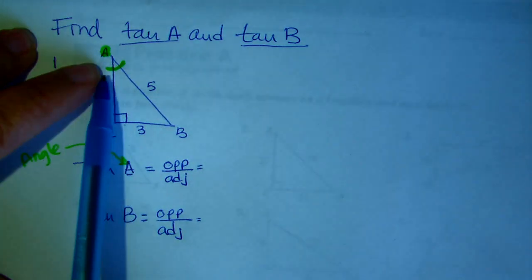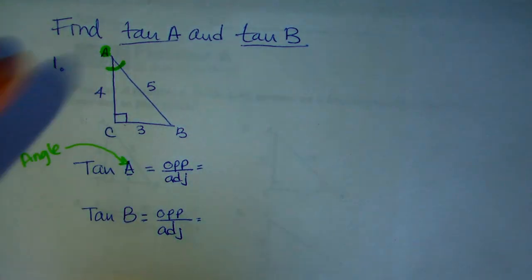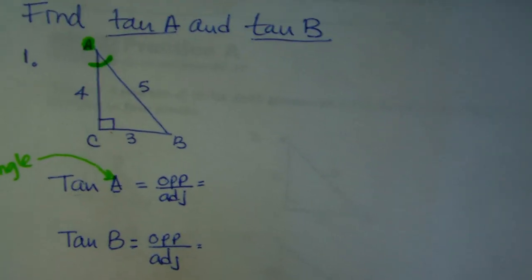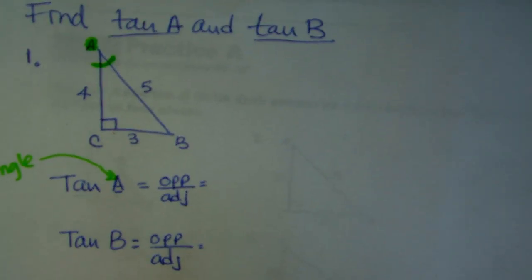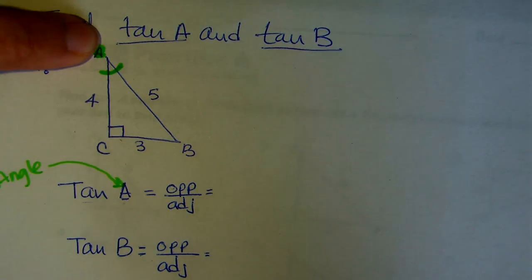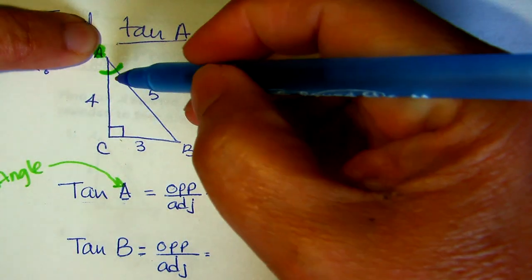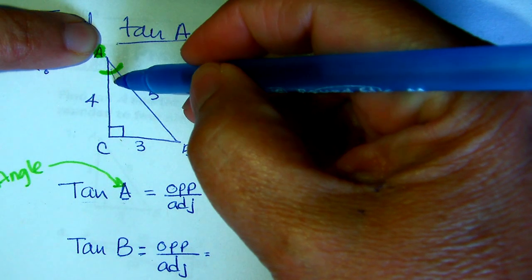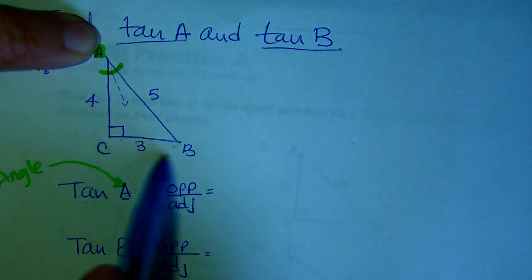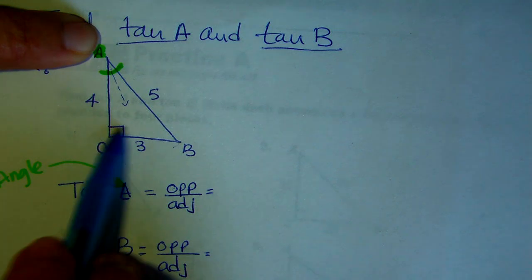So, based on angle A, let me zoom in a little bit more. All right, there we go. And focus. Based on angle A, pretend you're standing right here. Which is the opposite? Which is the side that is across from you? It is this one right here, CB.